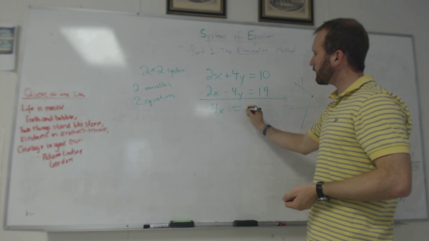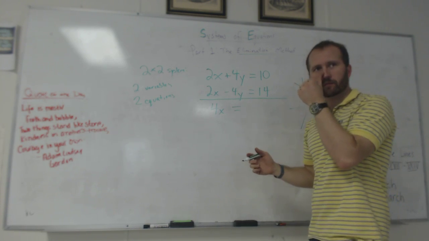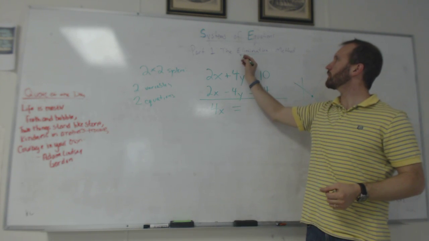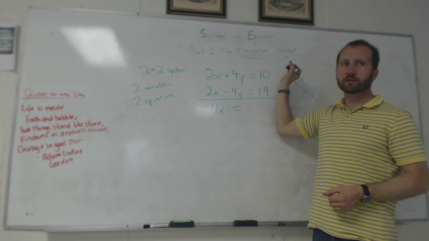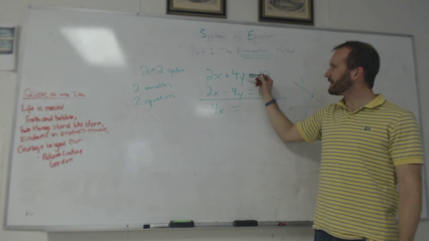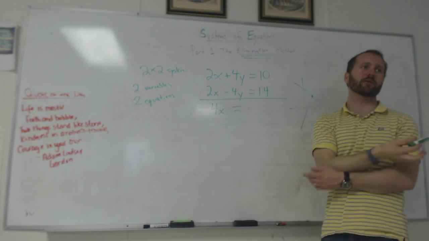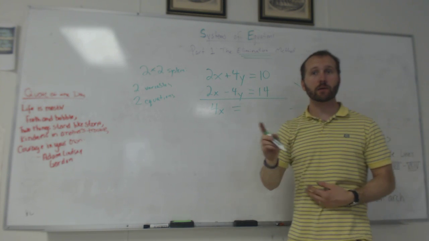So I have nothing left there. This is why this is called the elimination method. What did I just do? I eliminated y. I got rid of it. Which is exactly what we have to do.